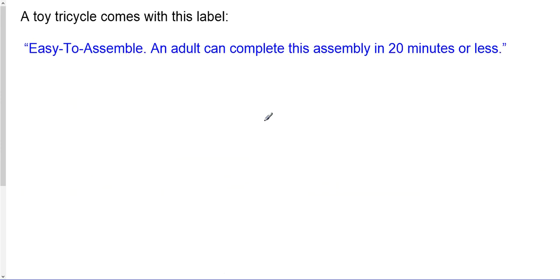So what can we say about this claim here, that an adult can complete this assembly in 20 minutes or less? We could say something like most completed in close to 20 minutes.